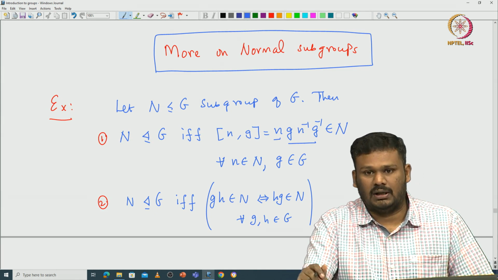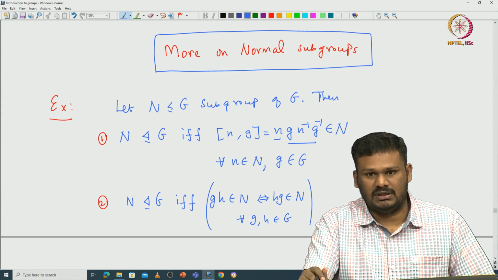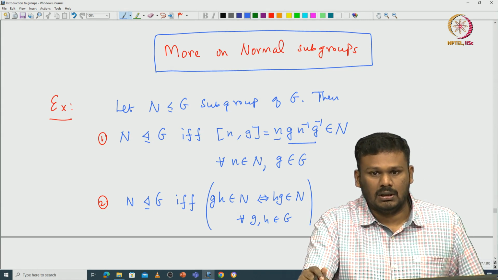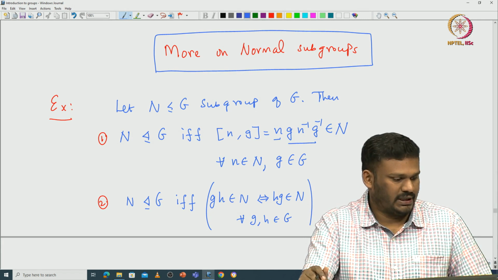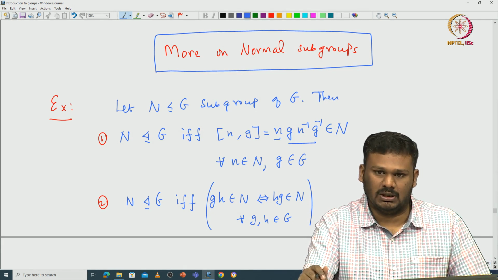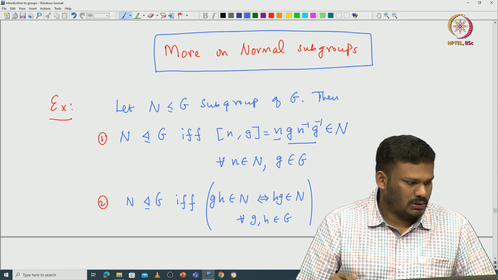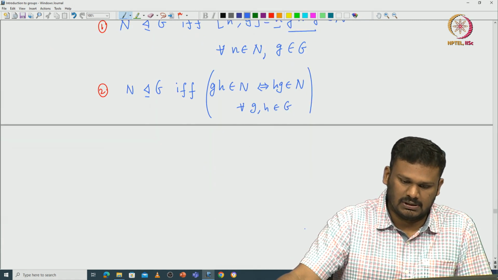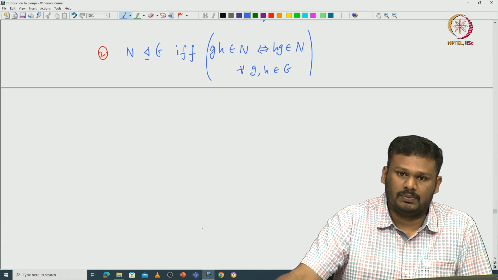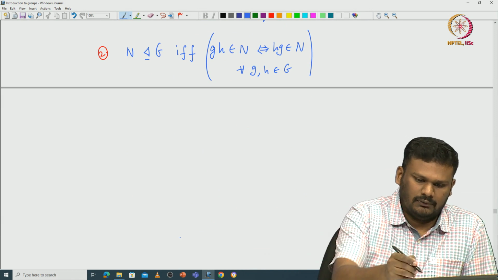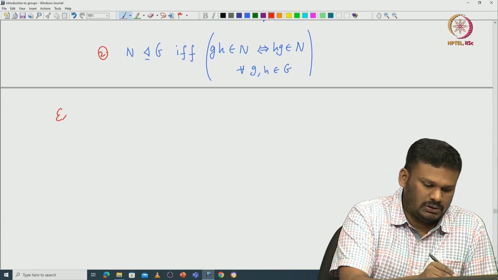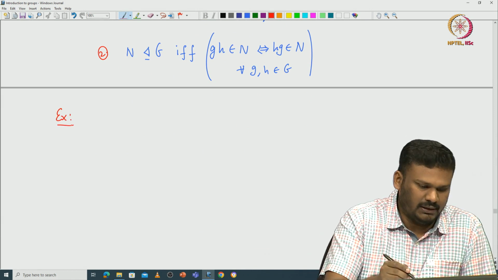We already defined the center of G. We saw that they are all normal subgroups. The center of a group is a normal subgroup of G. We have also seen some examples of subgroups that are not normal. This is something I will leave to you to verify.